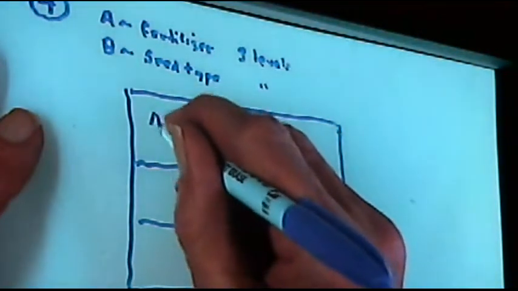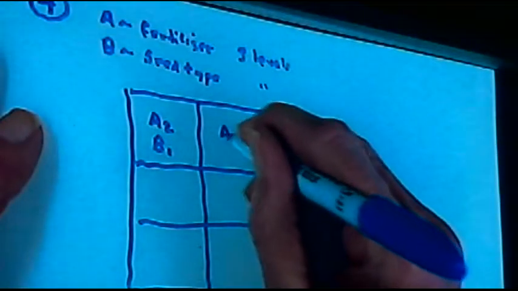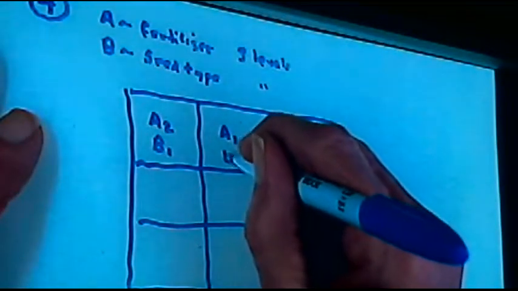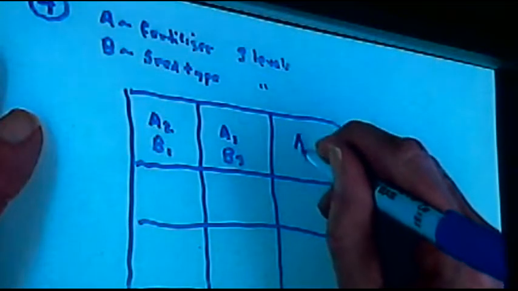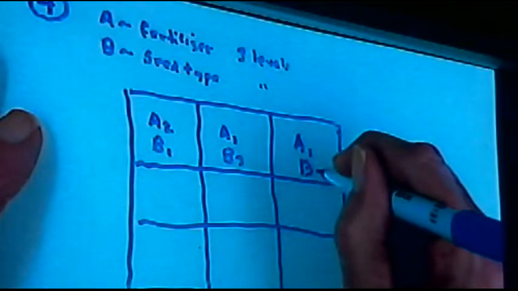So maybe when I do this at random, I'm going to put here A2 with B1. Maybe here I'll have A1 with B3. Maybe here I'll have A1 with B2.